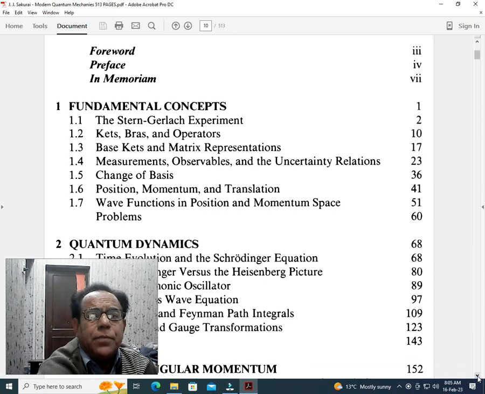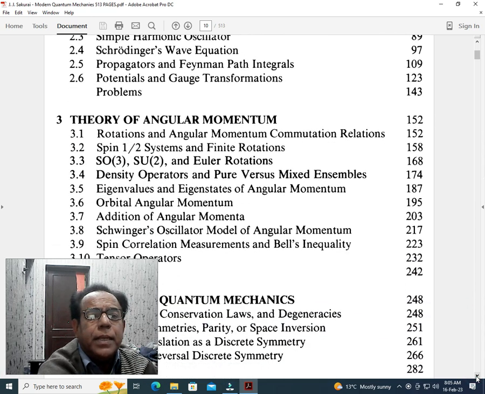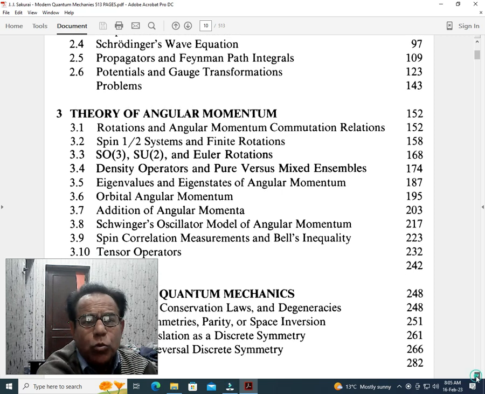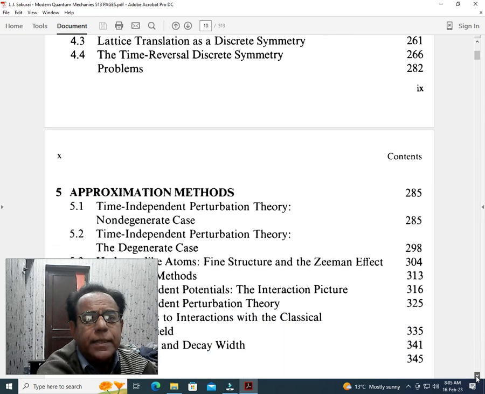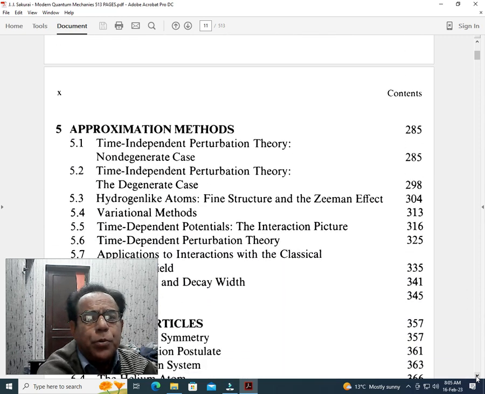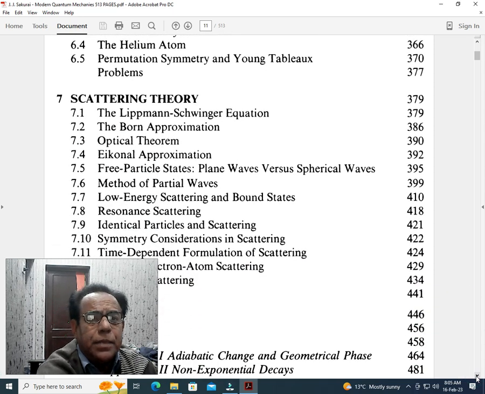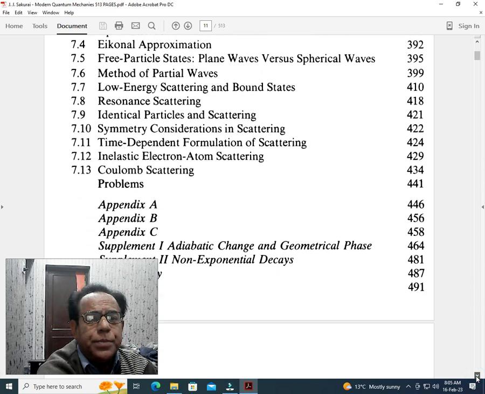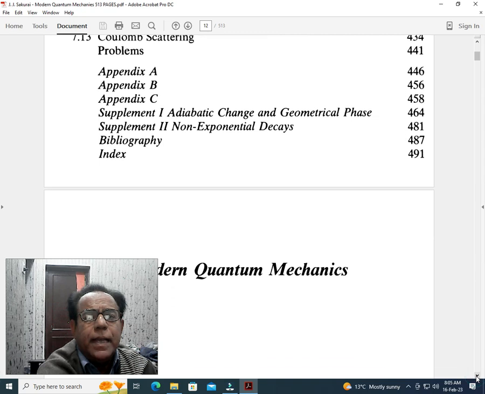Contents: chapter number 1, fundamental concepts. Chapter number 2, quantum dynamics. Chapter number 3, theory of angular momentum. Chapter number 4, symmetry in quantum mechanics. Chapter number 5, approximation methods. Chapter number 6, identical particles. Chapter number 7, scattering theory. And then appendix begins, and index is given at page 491.